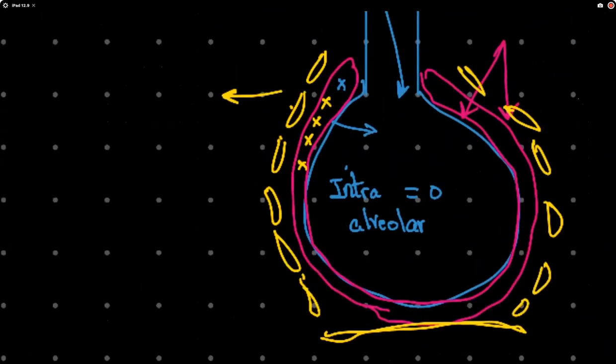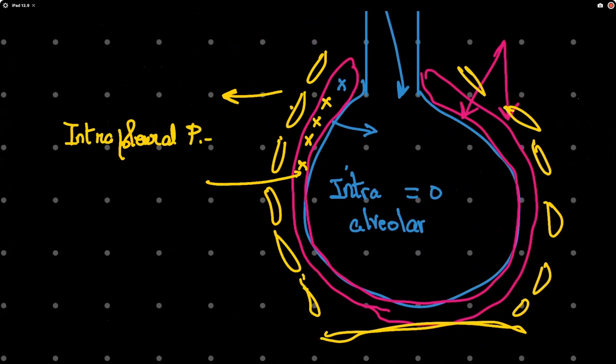So this pressure between the two layers of the pleura, we call the intrapleural pressure, is always a negative pressure. It's about negative 4 millimeter mercury.